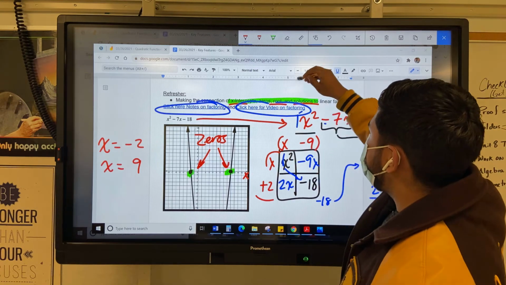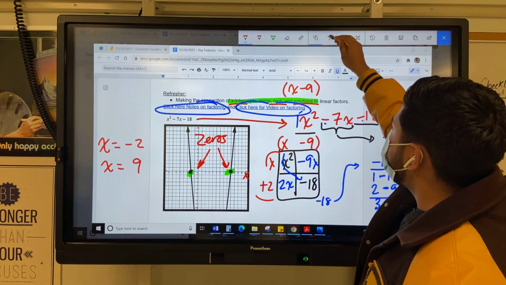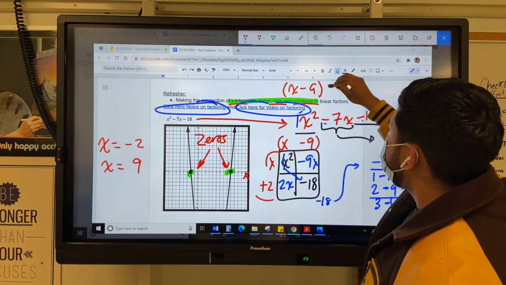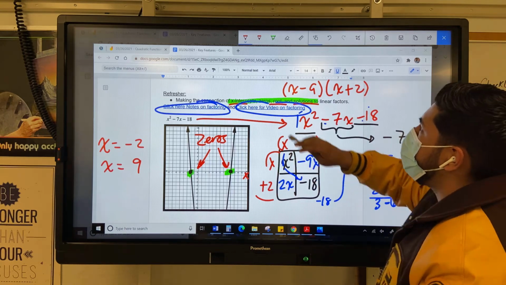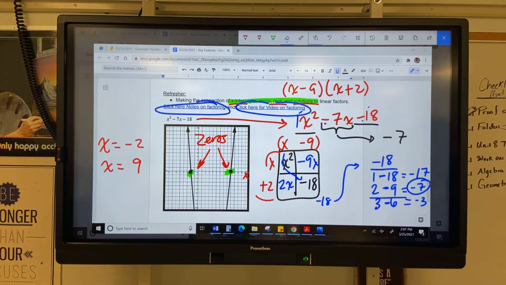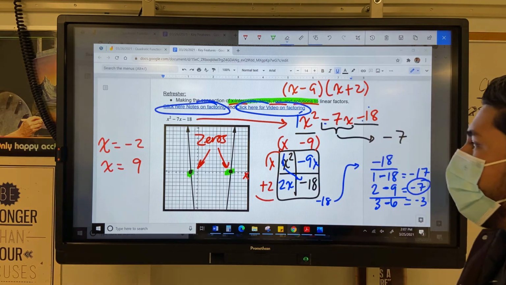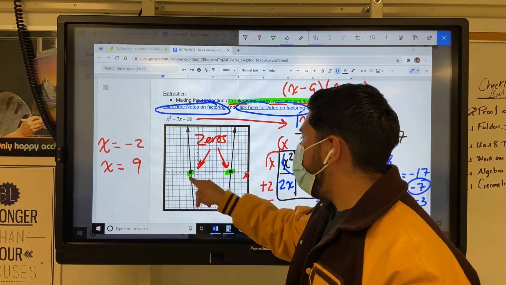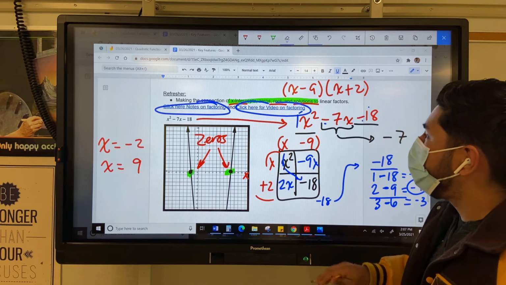I'm going to put it up here because I'm going to erase everything. X minus 9, and then x plus 2. I'm going to erase all this stuff, ladies and gentlemen. Pause real quick if you need to write it down. Of course, like I said, we're going to do the shortcut also where we just have to graph it, which is already here, and we see the answers. I'm just showing you the connection, okay?